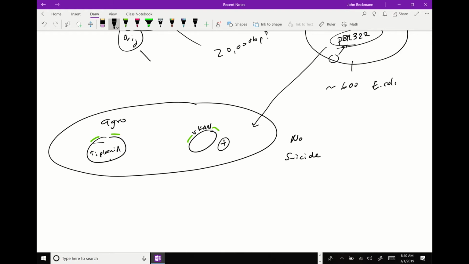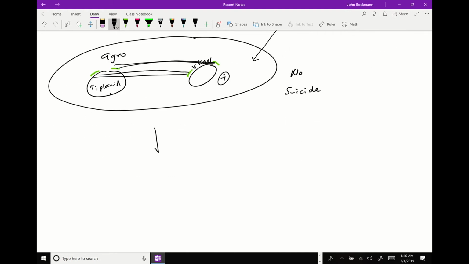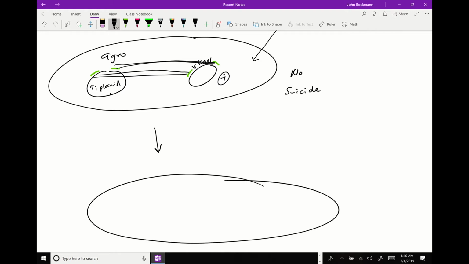They can swap. They can do recombination. So you can swap this. Then what's yielded is, in some infrequent population, you have Agro that has a Ti-plasmid, which now has been swapped with geneX and kanamycin, and your pBR322 plasmid now has that T-DNA.